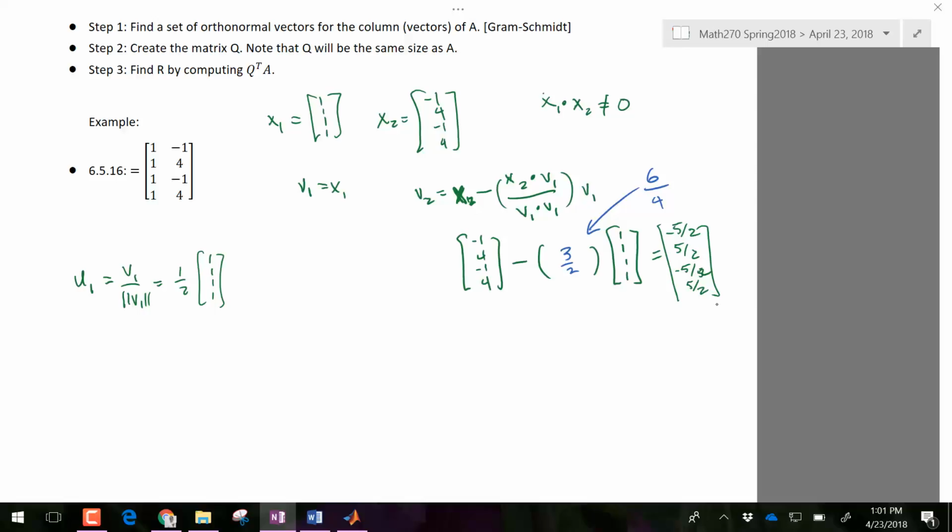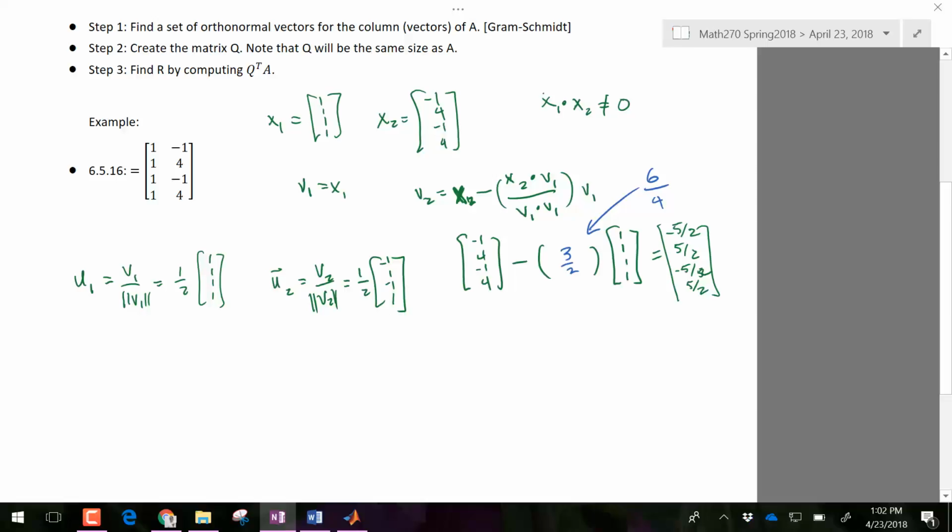Then factor out the 5 halves, and the 5s would cancel. Okay. So those are our 2 vectors.